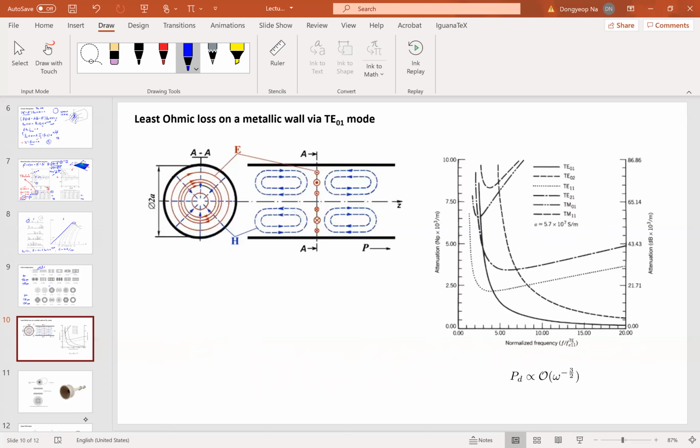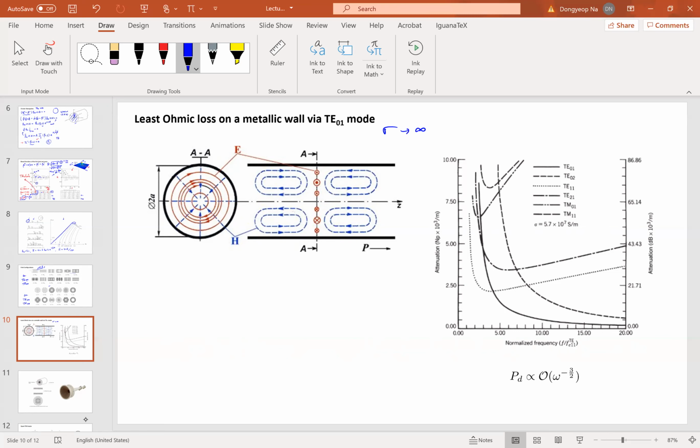However, in microwave, the metal, previously we always assumed metal as a perfect electric conductor. That means that the conductance is infinite. There is no loss.